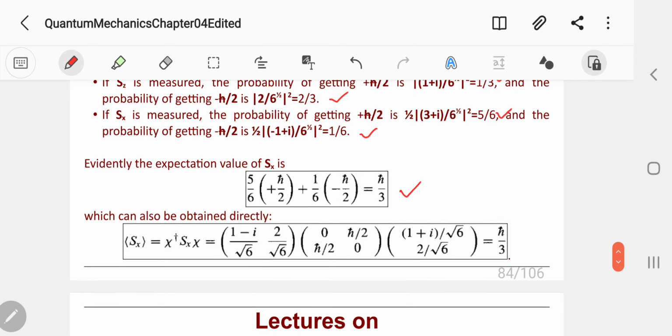And so for the expectation value of Sx, we can write this. We can get the chi, and the adjoint of the chi, and this one.